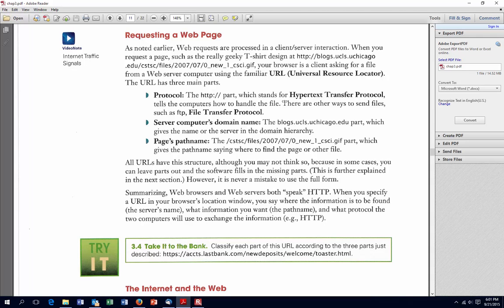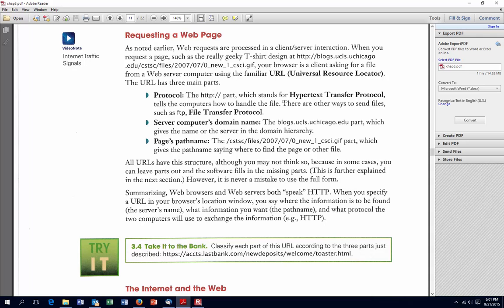Note that there's three parts to this URL. The first part is the protocol, in this case HTTP. It could be other things like FTP. And the second part is the actual computer domain name, which identifies the server that's holding the information. And the last part is the path name.